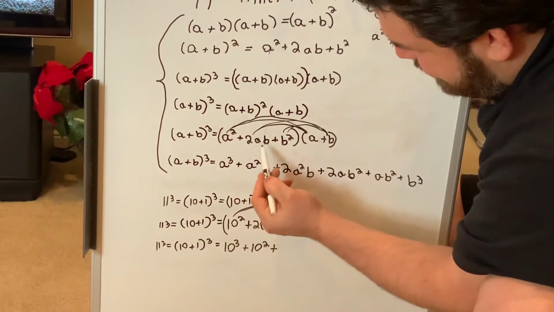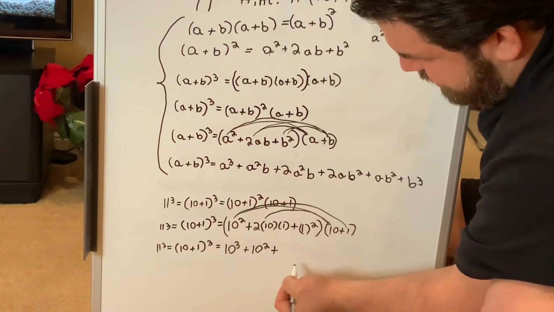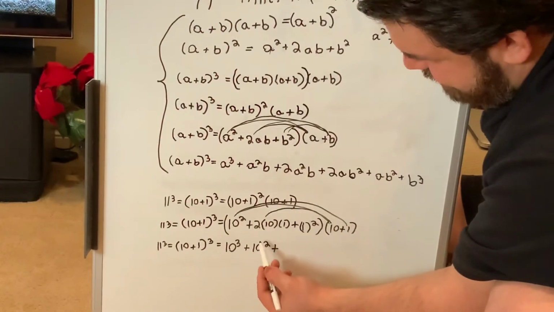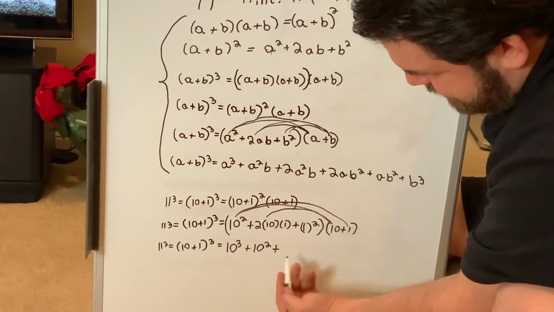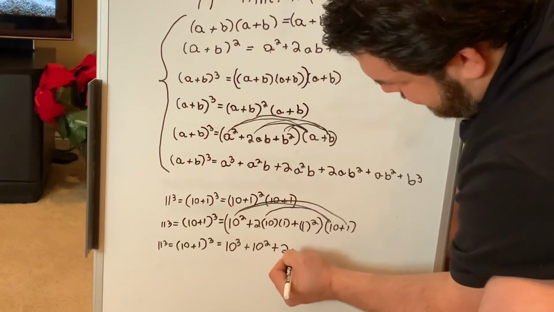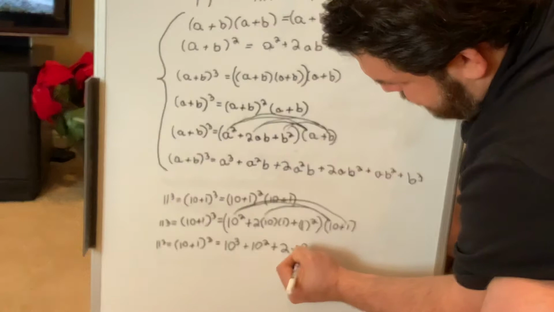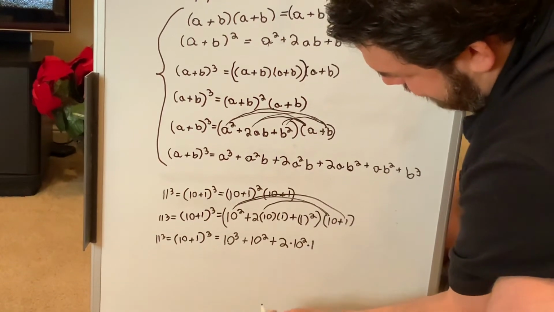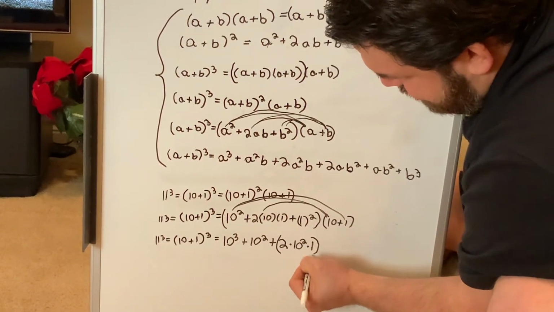And we're going to use this exact thing we did here to do that. So remember, we're multiplying 2 times 10 times 1 times 10. So it's 2 times 10 squared times 1. I'm going to put it in parentheses so we don't get confused.